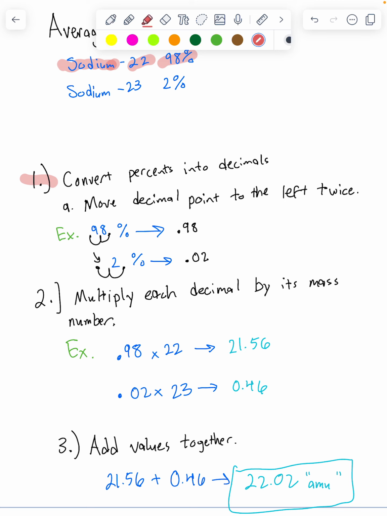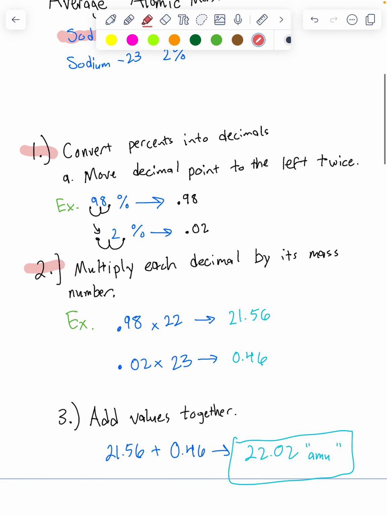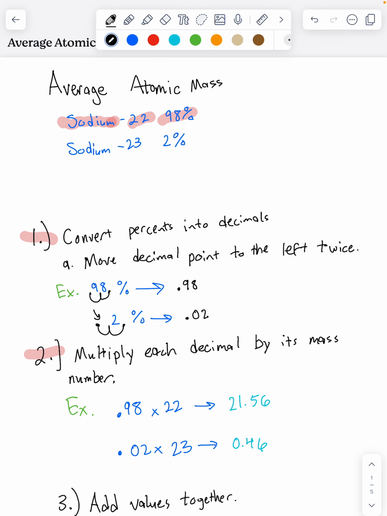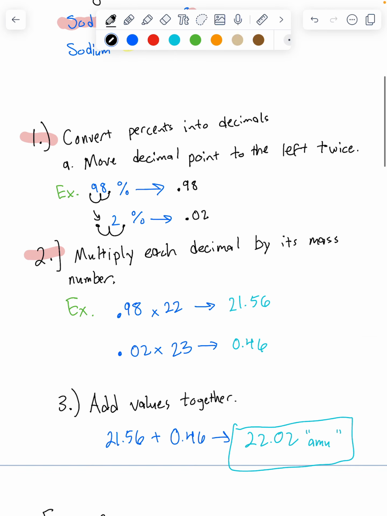Step two says multiply each decimal by its mass number. So we have at the top here two different mass numbers. We have mass number 22, mass number 23. So you're going to keep those together. 0.98 times 22.